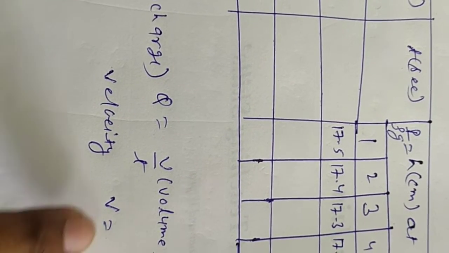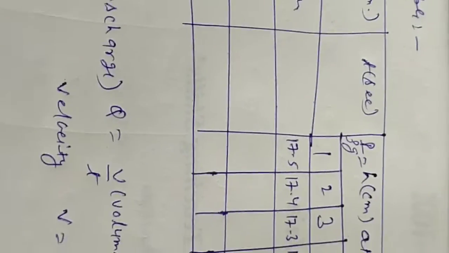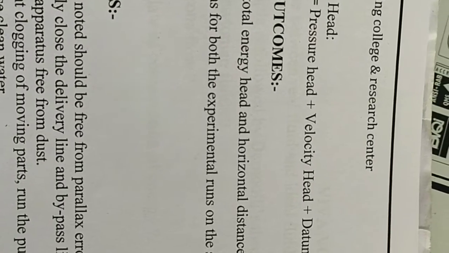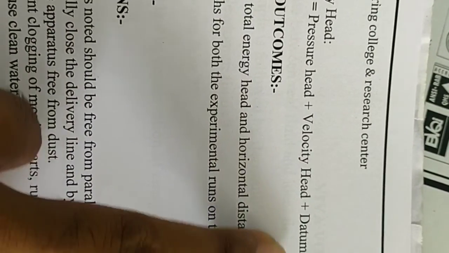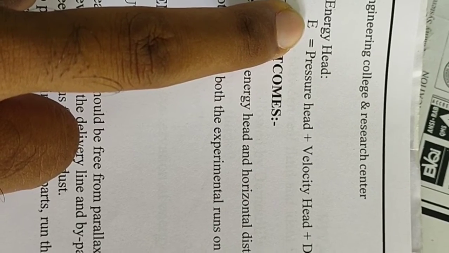Then we can calculate the velocity. Now by adding the velocity head, pressure head and datum head, we can calculate the total energy for a particular point.